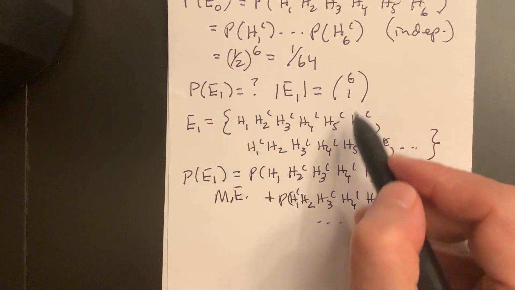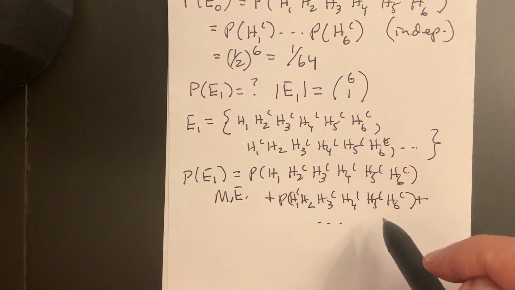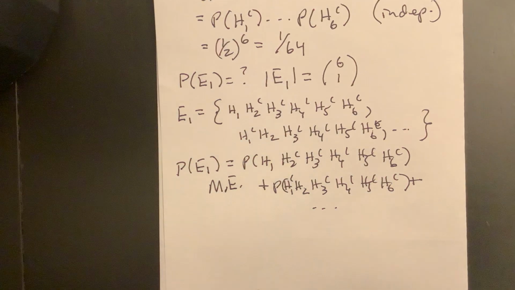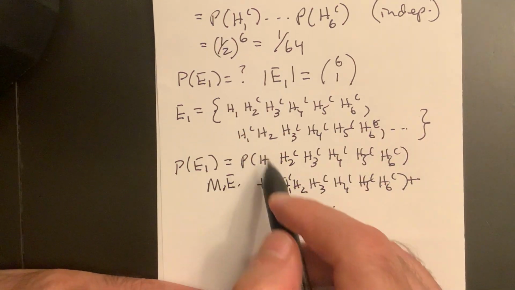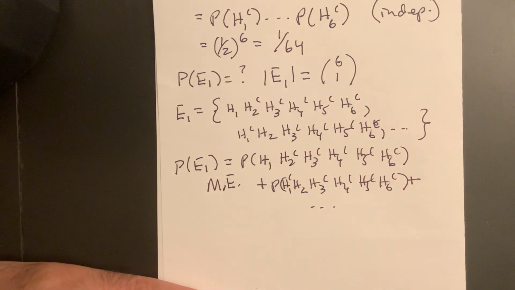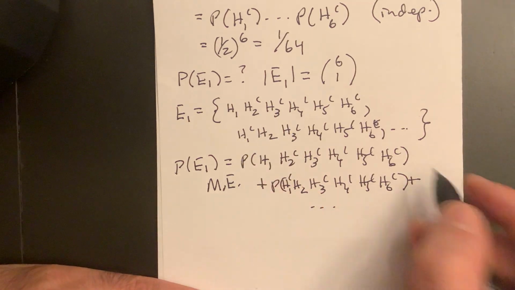But I wanted to go slowly so that you saw that what I need to do is add them because they're mutually exclusive. I can't have this event and this event. So there are 6 of these.